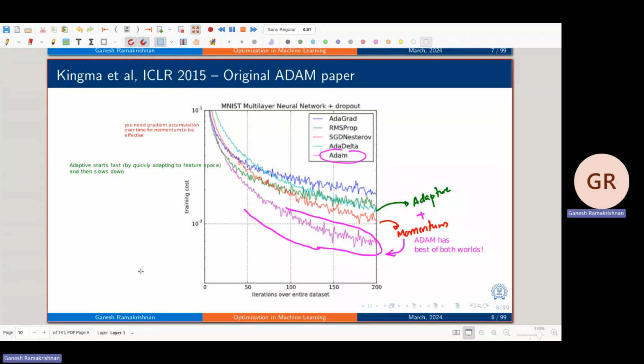This is ADAM. Just registering this image is also good. So this also tells you that adaptive was very handy for showing convergence through regret bounds, but practically it's not good enough. That's where we need momentum based methods. So this is also making a case for combining theory and practice.